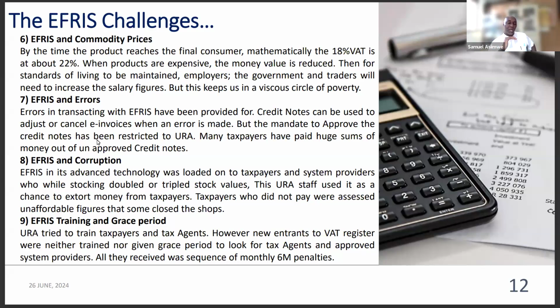Now, if I want to cancel this invoice, I go in the system, I create a credit note, I cancel, and it shows that it has gone to URA, but URA will not approve it. Many times it has not approved these credit notes, and you find that the month ends on the 30th, and the 180,000, you have to pay it.